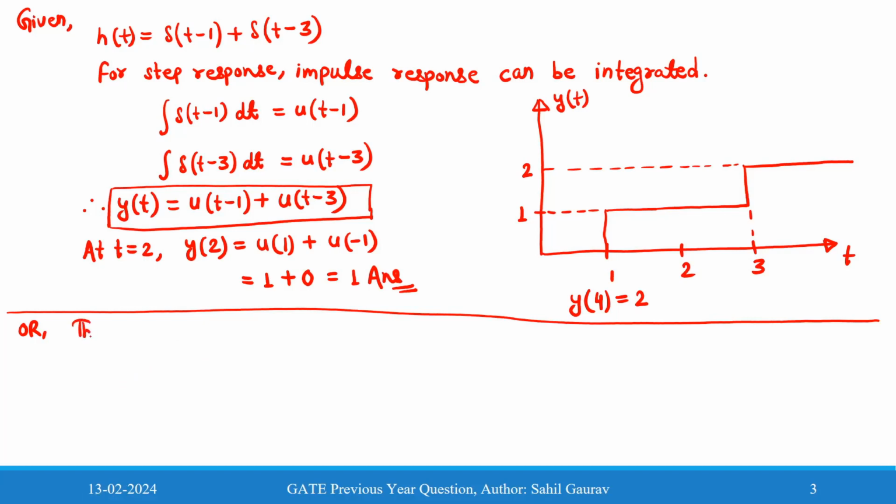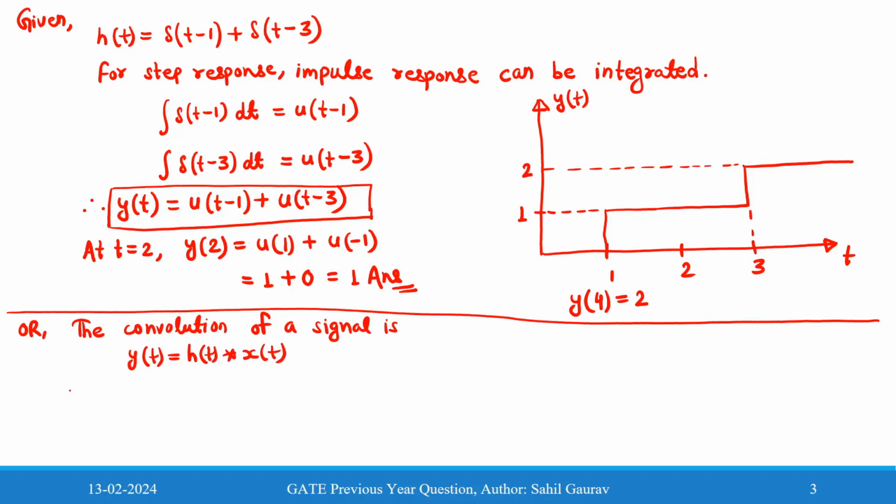We know that the convolution of a signal is y(t) is equal to x(t) convolved with the impulse response, that is s(t) convolution x(t).